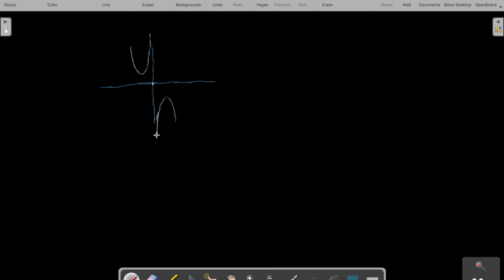And the thing that happens is that this line keeps going, approaching negative infinity, and this line keeps going, approaching positive infinity.